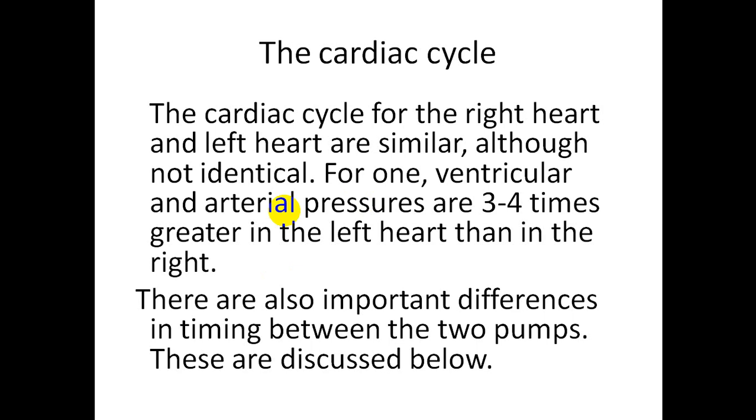The pressure on the left side of the heart reaches a maximum of 80 and more, while on the right side the maximum is 20 or 25. So the pressure is 3 to 4 times higher on the left side. There are also important differences in timing between the 2 pumps. Otherwise, they are similar but not identical.